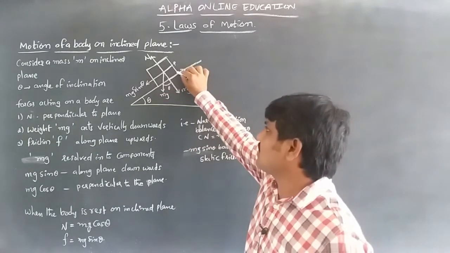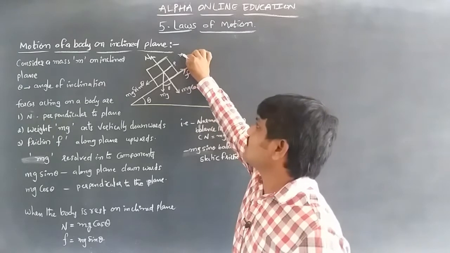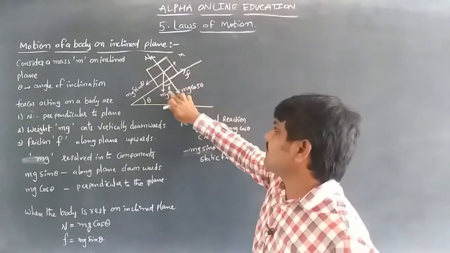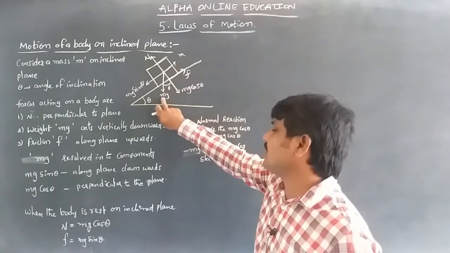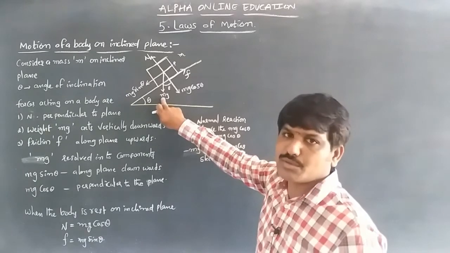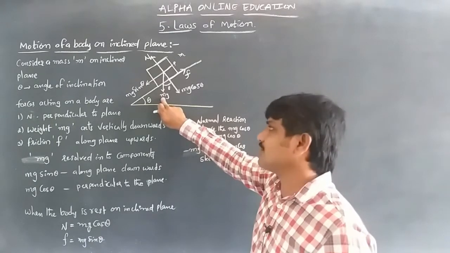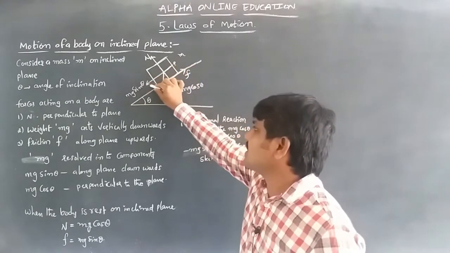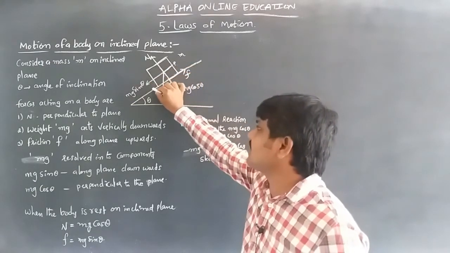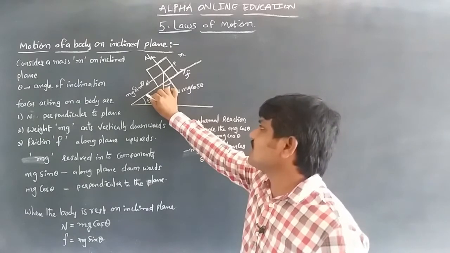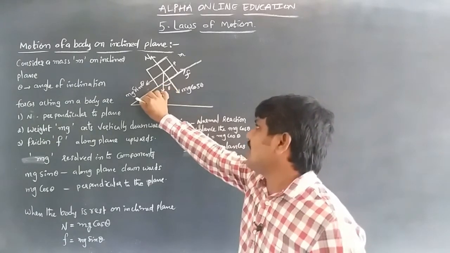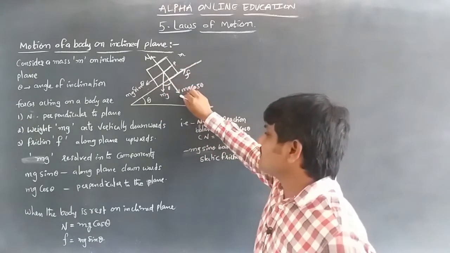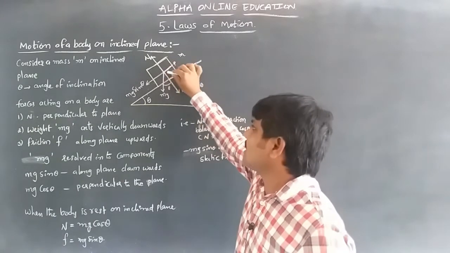Due to gravity, the weight is resolved into components: mg sin theta acts along the inclined plane in the downward direction, and mg cos theta balances the normal reaction.